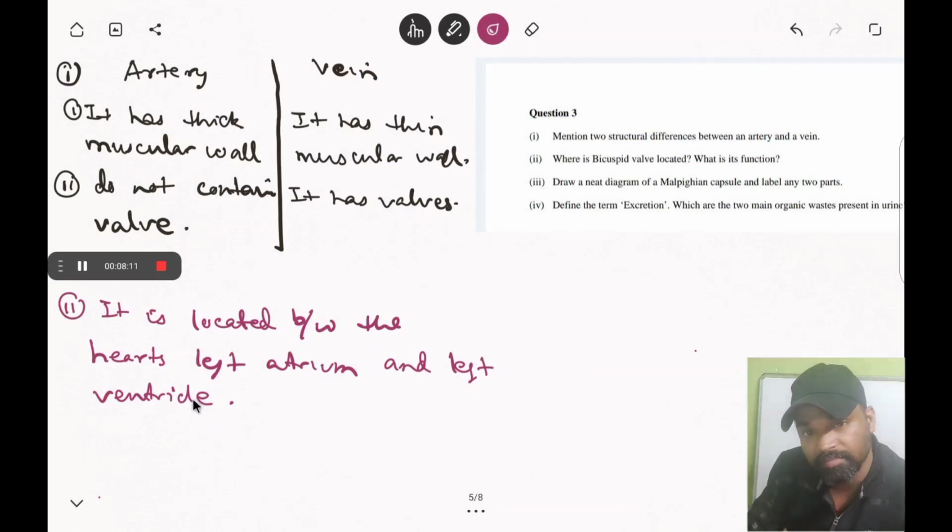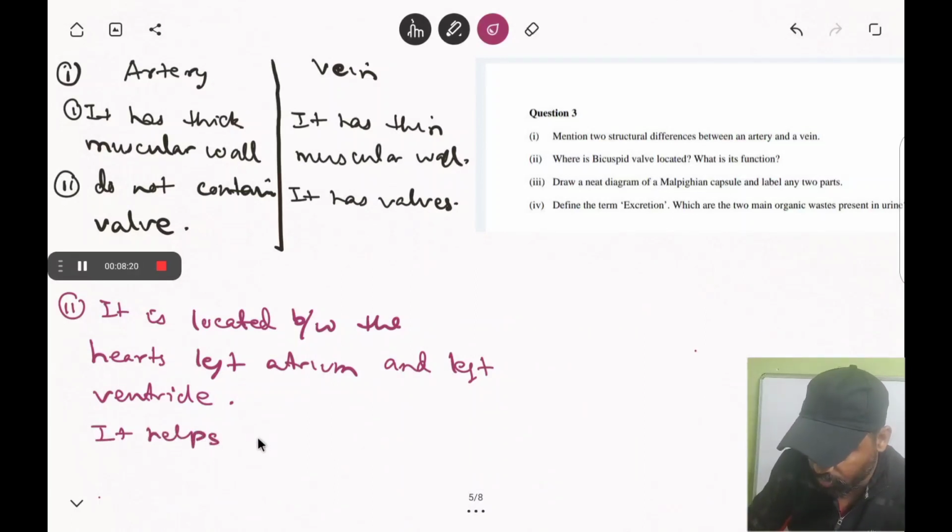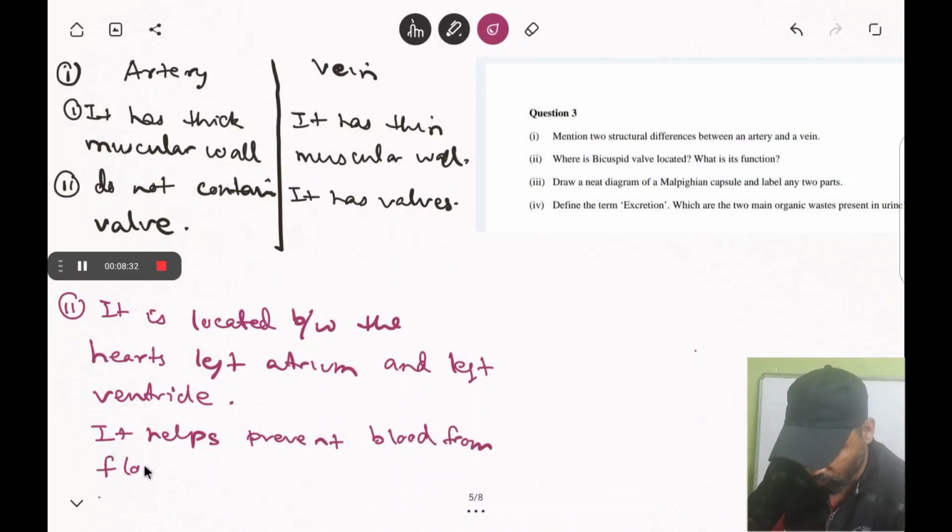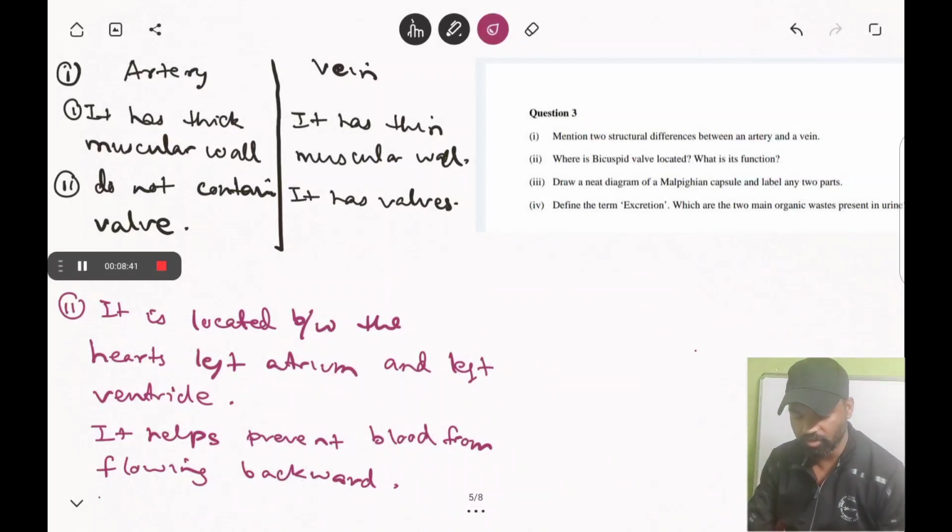This is the location. And function, what is its function? It helps prevent blood from flowing backward. That is the function.